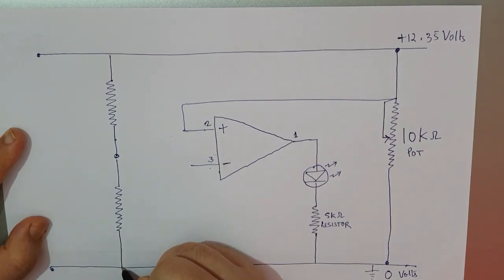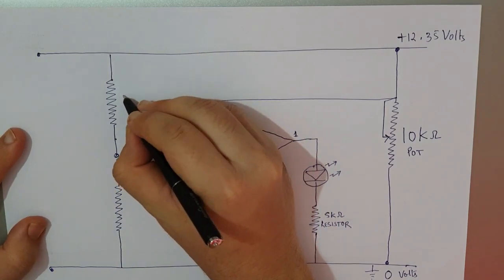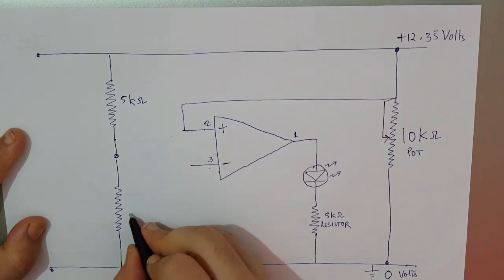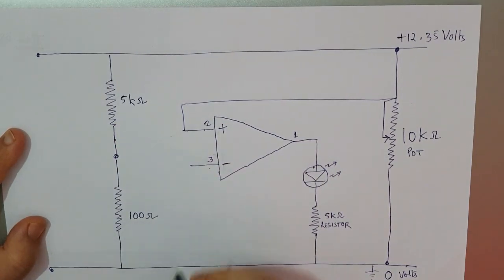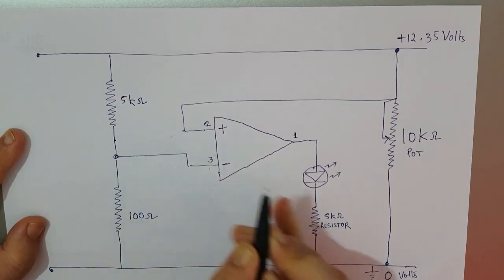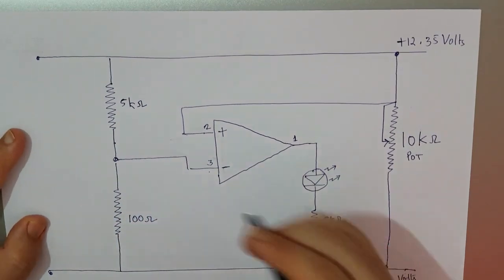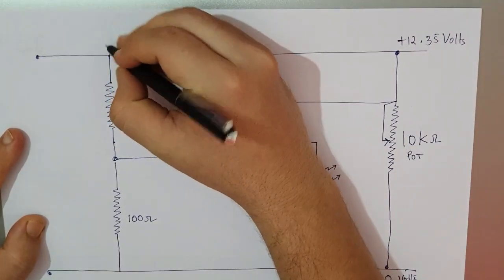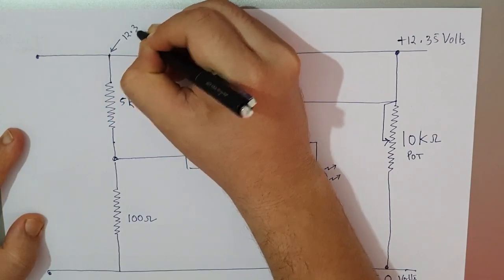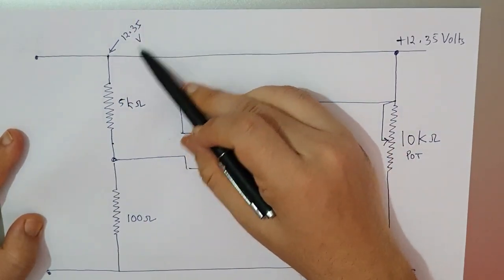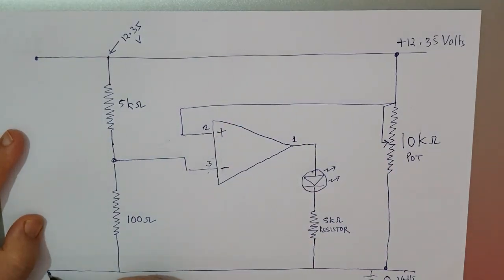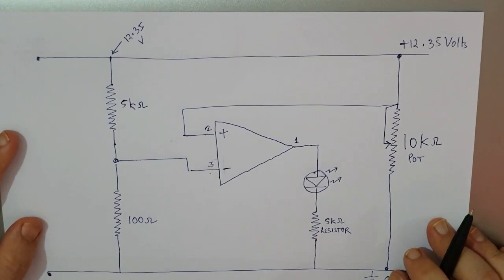So let's take 1 kilo ohm here. That will serve the purpose of our calculation, and we'll use this value to calculate the voltage which will come to pin 3. Let's take an example of 12.35 volt here, because that is the voltage which will come here, and then the voltage would be divided as per the bridge which I have created.